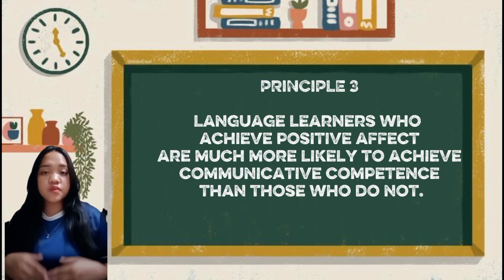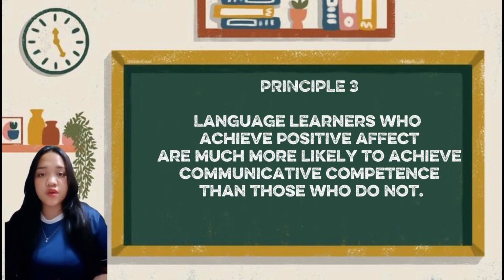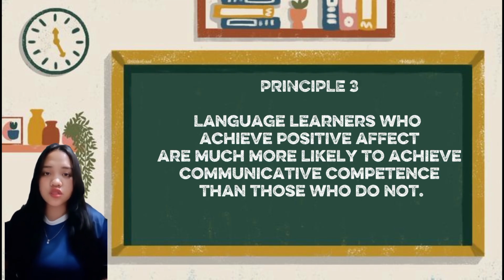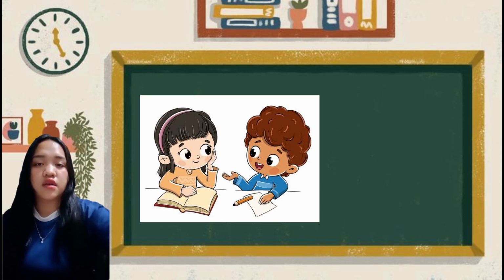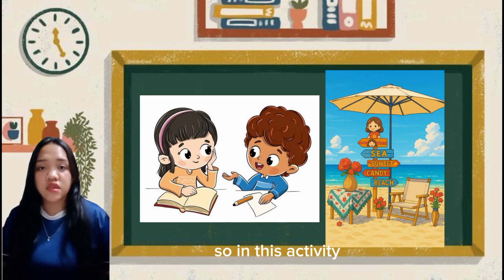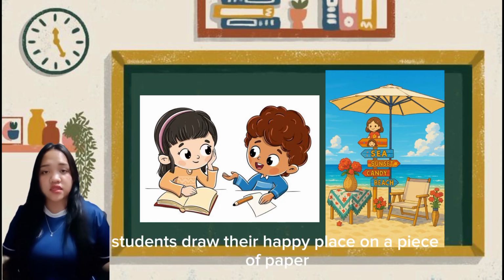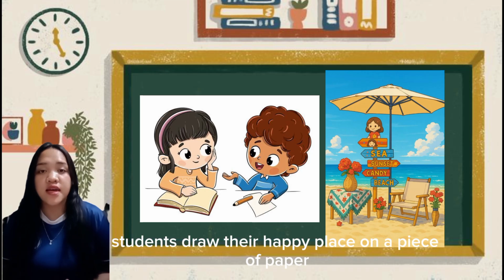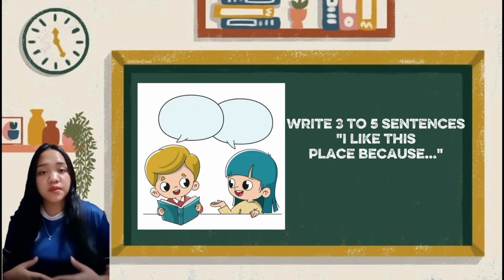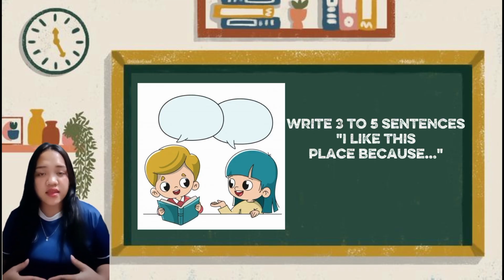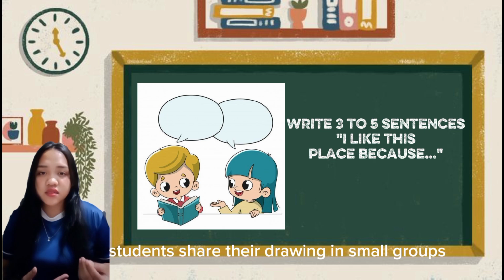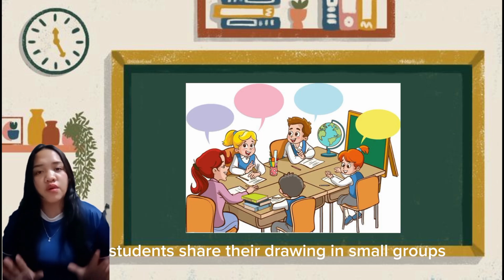So, in Principle 3, language learners who achieve positive effect are much more likely to achieve communicative competence than those who do not. In this activity, students draw their happy place on a piece of paper and write 3 to 5 simple sentences about why they like this place. Students share their drawing in small groups.